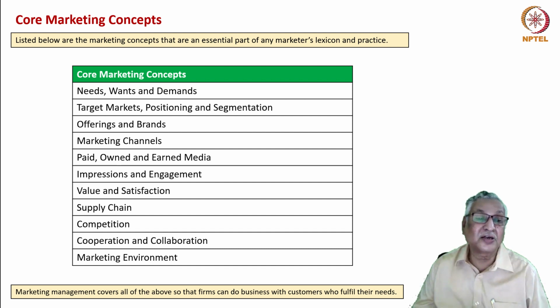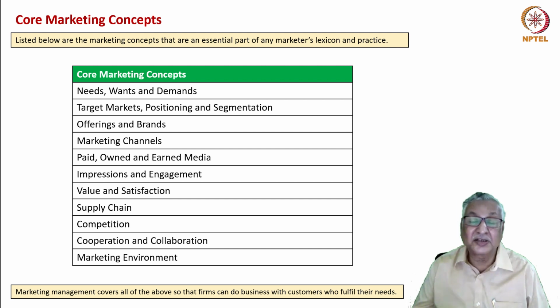The other core marketing concept is paid, owned, and earned media. That is, media planning is an important aspect of marketing. Impressions and engagements. We talk about footfalls into a mall.